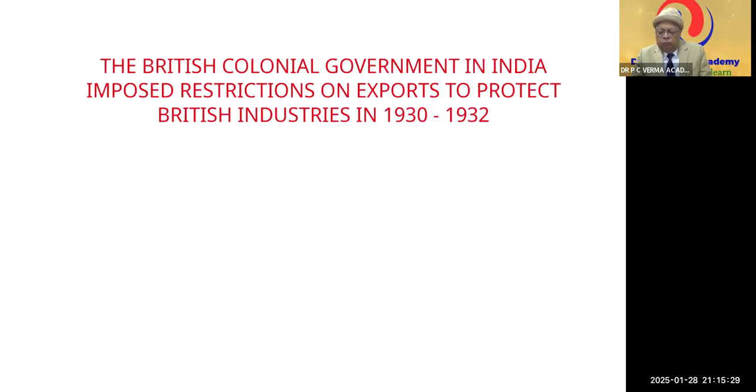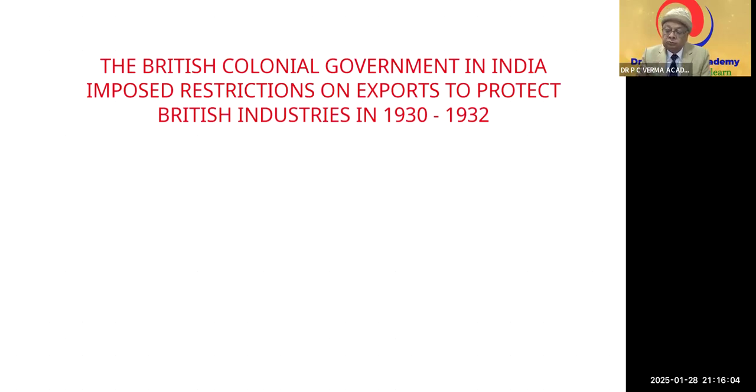Number 5, sugar. Number 6, indigo. Number 7, wheat. Number 8, rice. Number 9, oil seeds. Number 10, hides and skins. These restrictions were imposed by British colonial government to protect British industries and maintain their economic dominance.